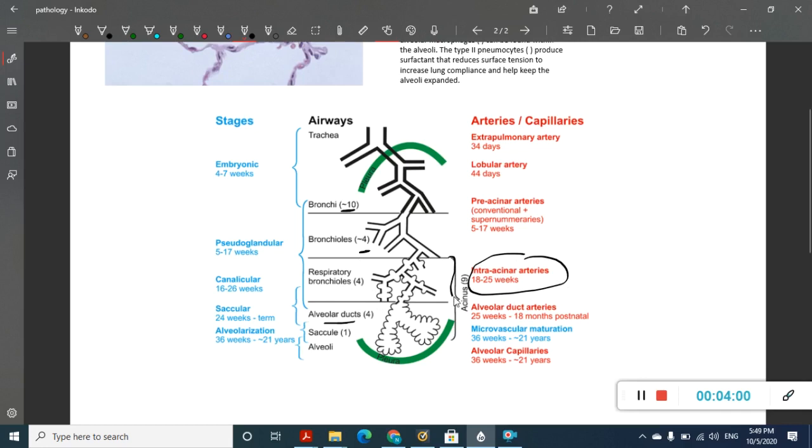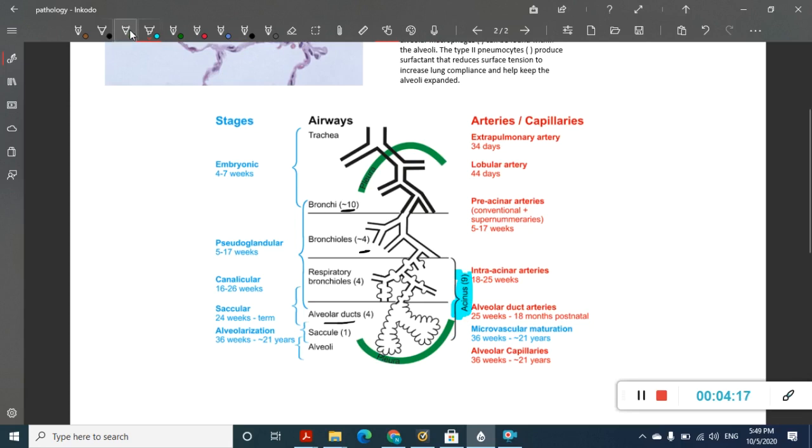This is called the acinus. Yeah, here it's written, right? So the acinus is important. The respiratory bronchiole with the alveolar duct, the saccule and the alveoli together are called the acinus.